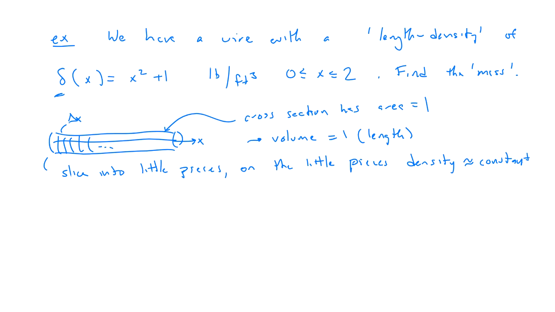So we can use what we had before, which is mass is just volume times the density. And I'll put the 1 here to make it a volume, but you don't obviously need the 1. So delta x is multiplied by the density at that point.